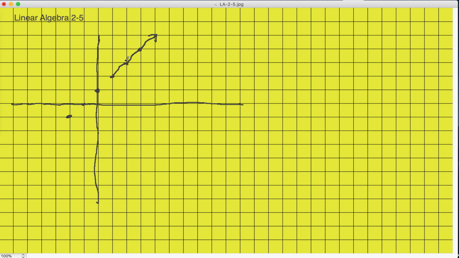Again, please pardon my drawing skills, particularly working on a tablet. They're not great. This is supposed to be a straight line, and I think you can tell that this is y is equal to x plus 1.